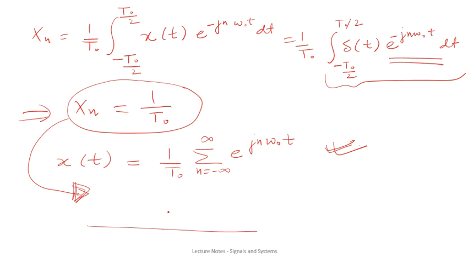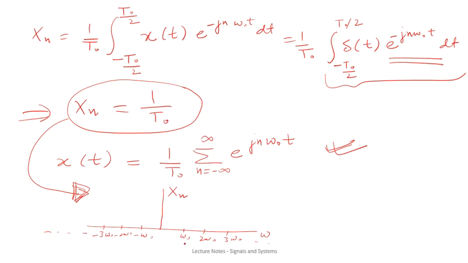Exponential Fourier spectrum means just plotting this x_n against the different values of frequencies. So if this is omega naught, 2 omega naught, 3 omega naught, minus omega naught, minus 2 omega naught, and minus 3 omega naught, and so on. Similarly here also.